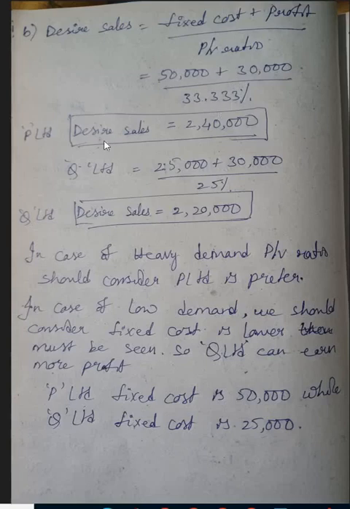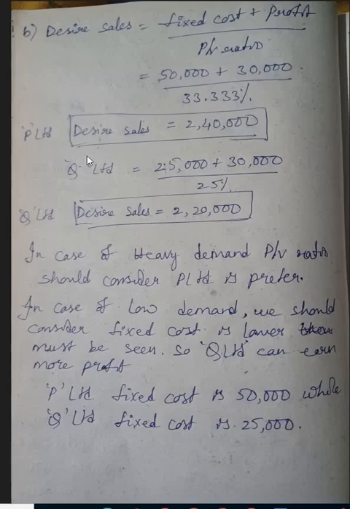So we got desired sales of 2,40,000 for P. For Q, fixed cost is 25,000, profit is 30,000, and P/V ratio for Q is 25%. If you add 25,000 plus 30,000 and divide by 25%, you will get 2,20,000 as desired sales for Q Limited.